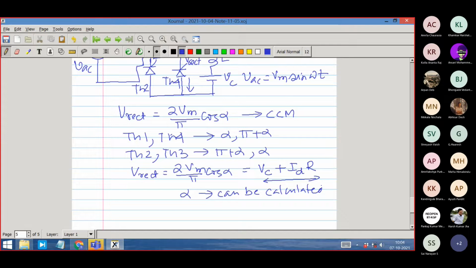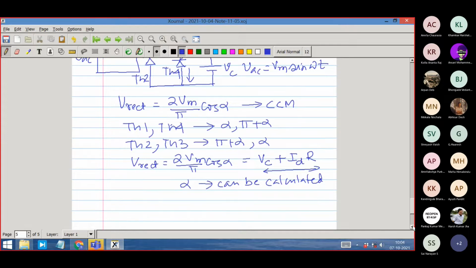Then we told you in the last class that alpha has a wide variation. Logically it can vary from 0 degree to 180 degree. We have seen that when alpha is equal to 90 degree, it will give 0 voltage.